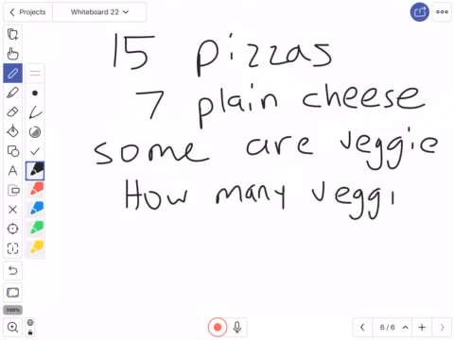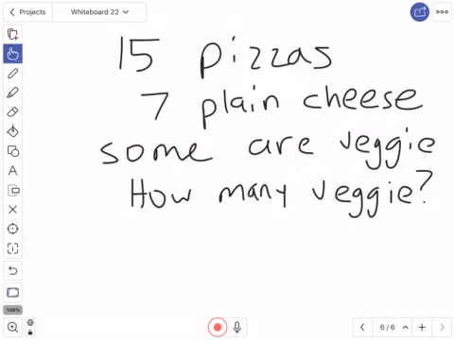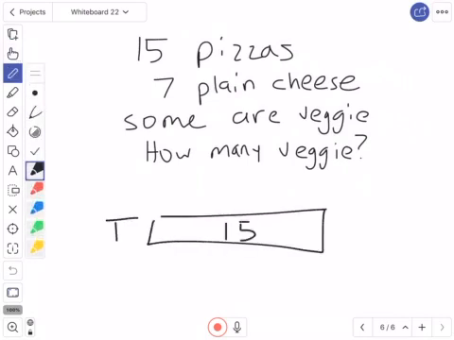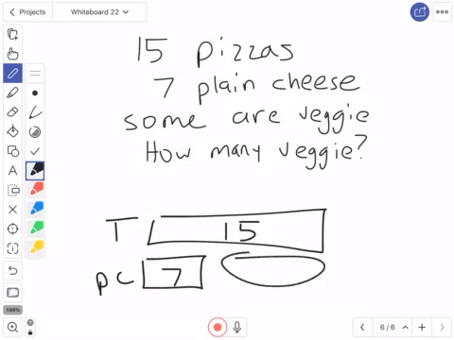Now I know I'm not doing complete sentences here, but just to speed it up for you. So when I think about this with a comparison bar, I already know what my total is. My total is 15. And one of those parts is 7 plain cheese, just PC, and the other part is veggie. So I need to think, okay, what's my veggie going to be?